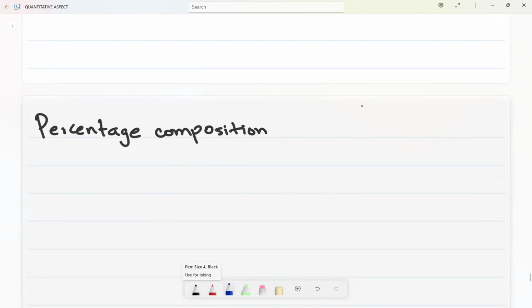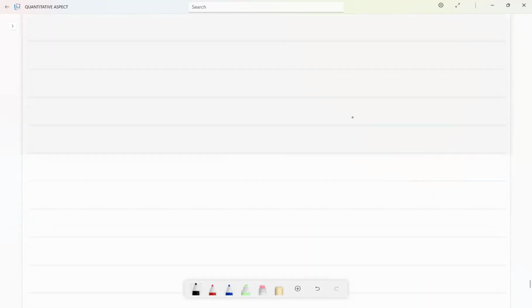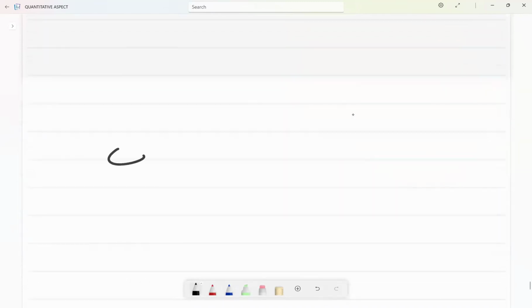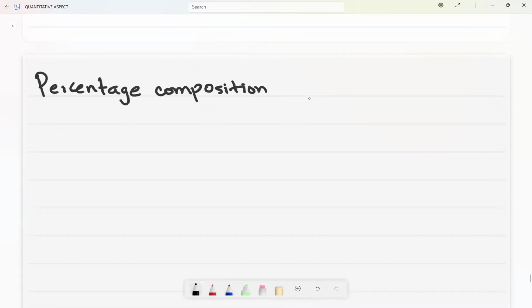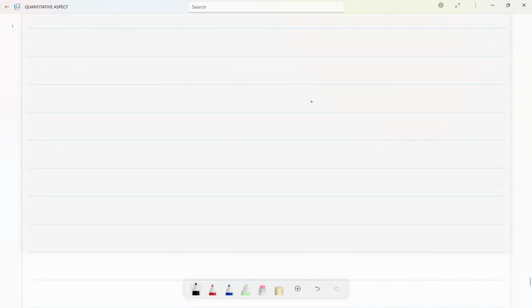Percentage composition. And then after looking at percentage composition, not for a long time, we're going to look at what we refer to as empirical formula. So in the next video, we're going to be looking at these two, empirical formula as well as percentage composition.